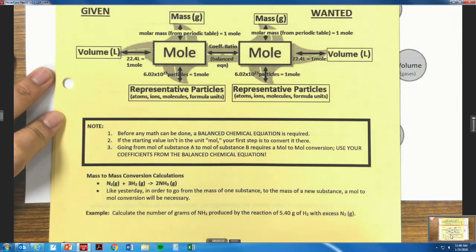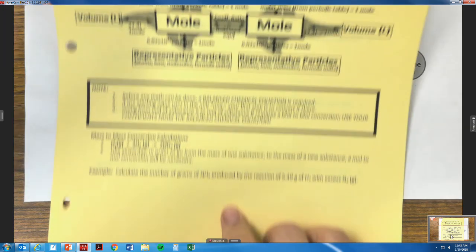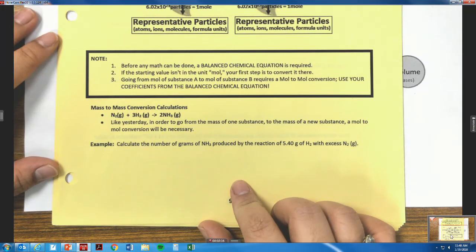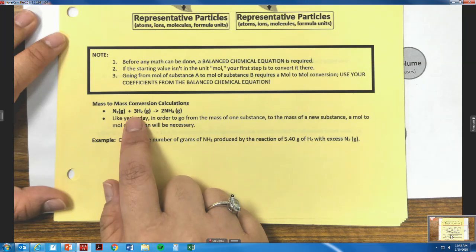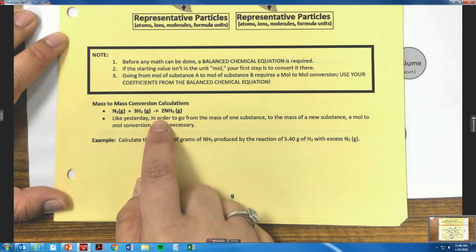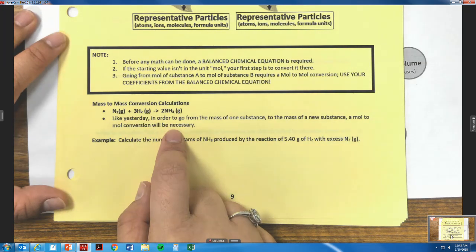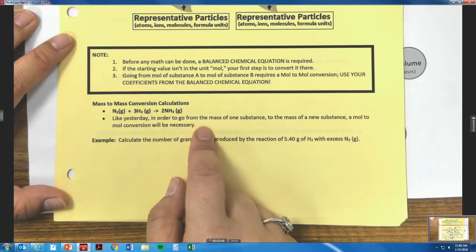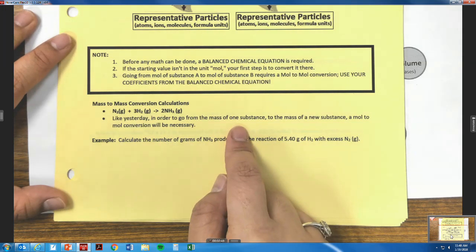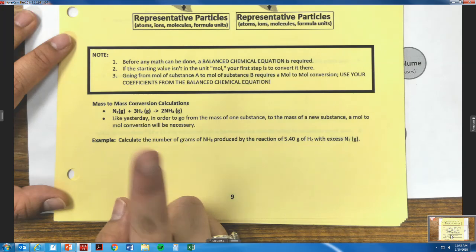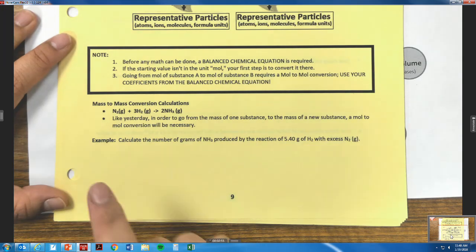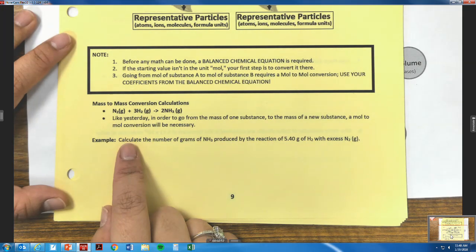Okay, so mass to mass conversion calculations. You have nitrogen plus 3 hydrogen yields 2 ammonia. Just like yesterday, in order to go from the mass of one substance to the mass of a new substance, a mole-to-mole conversion will be necessary. Let's take a look at this example.